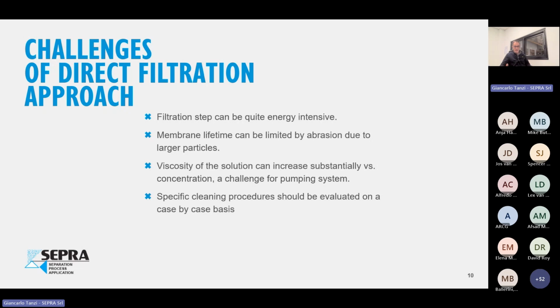No, obviously challenges are there, because we are going into a demanding industry, and even direct filtration has some critical aspects that should be considered. First, energy, obviously, because it's still cross-flow filtration.